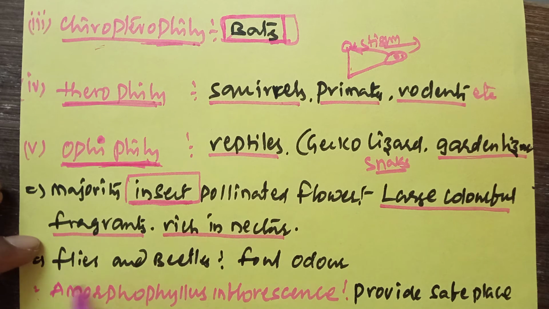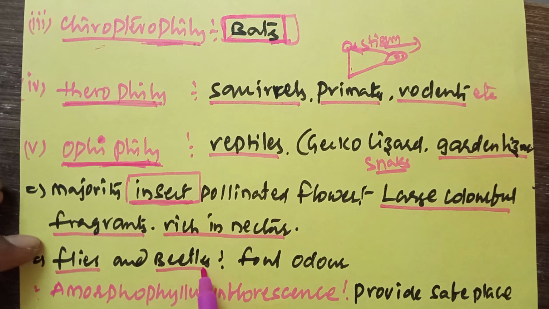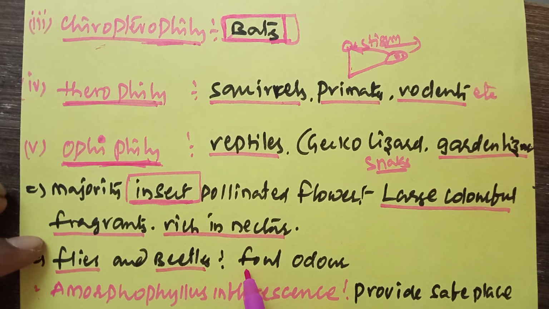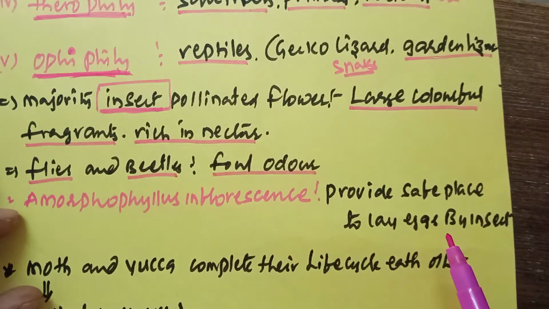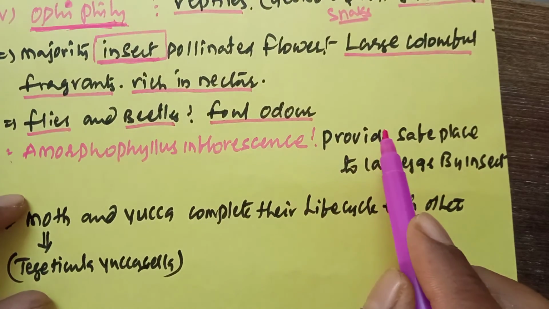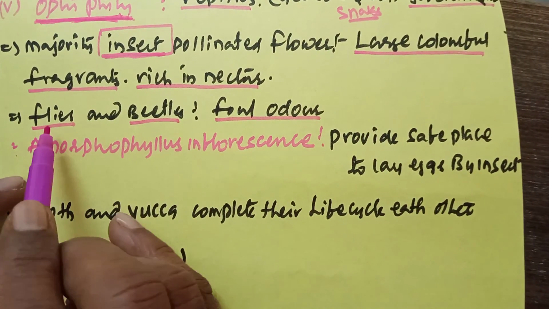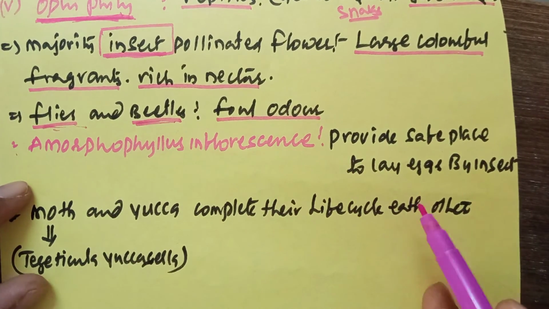And when pollination takes place by flies or beetles, these flowers produce a foul odor, a bad smell, when they are pollinated through flies and beetles.